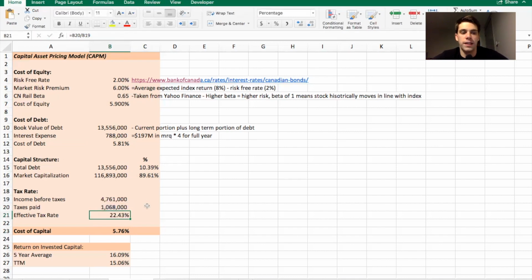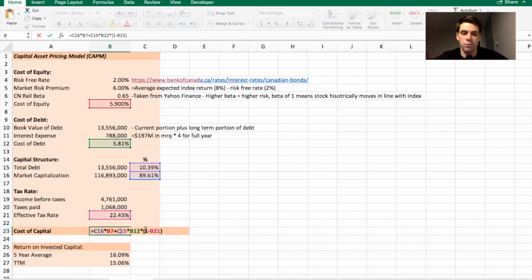And the reason for that is because interest expense is actually tax deductible. So when you're calculating it, the cost of debt is going to be reduced by their tax rate, because when they pay that interest expense, which is what's deriving the calculation of their cost of debt, they're saving taxes by making those interest payments.